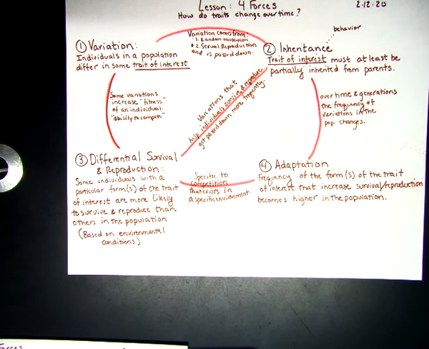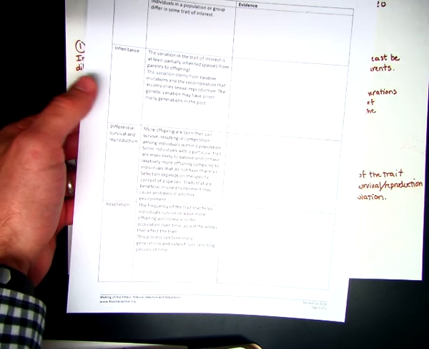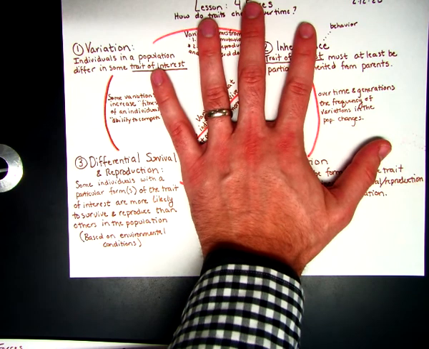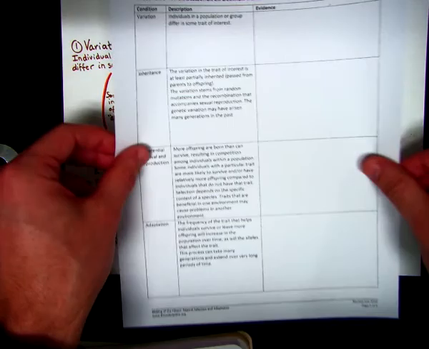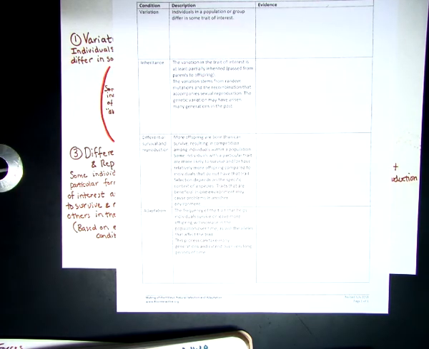The reason I did a map here in addition to the table is that in the table you can't necessarily see how each of the four connect to each other, as you can with this. Okay? But this right here is actually going to be a tool that we're going to use to explain every story that we hear about traits changing from here on out. Right, see where it says evidence on the right-hand column?